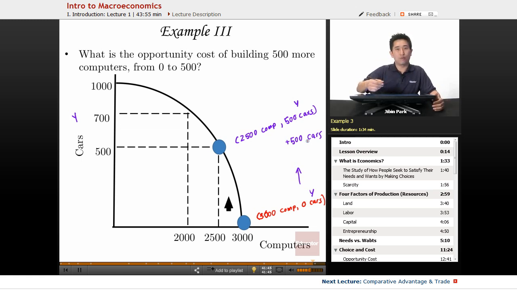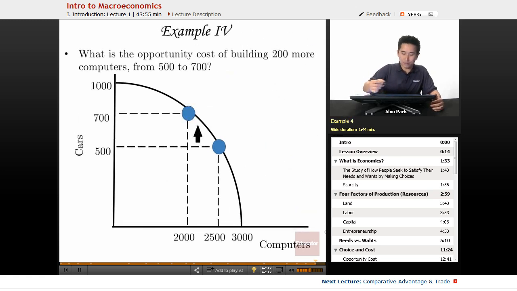It's the cost of foregone computers that you would have produced here. So you gave up production of 500 computers. So the opportunity cost is 500 computers. So that's the way of finding opportunity cost in the production possibilities frontier, moving down, going up, so reading it through the lens of the y-axis here.